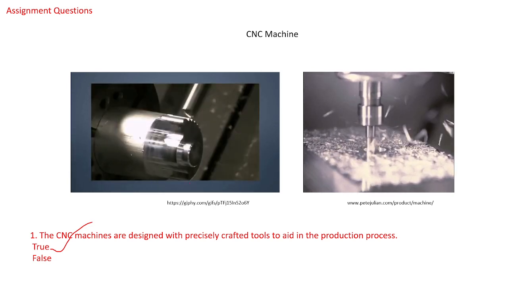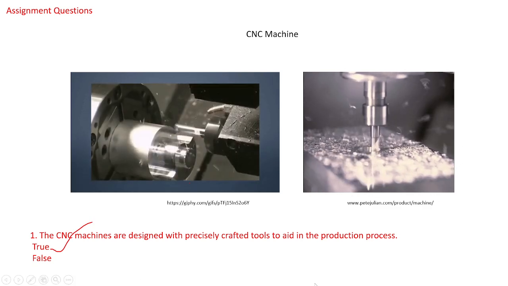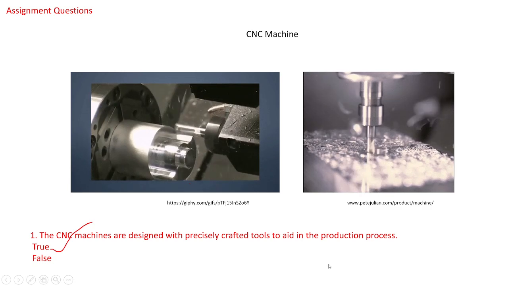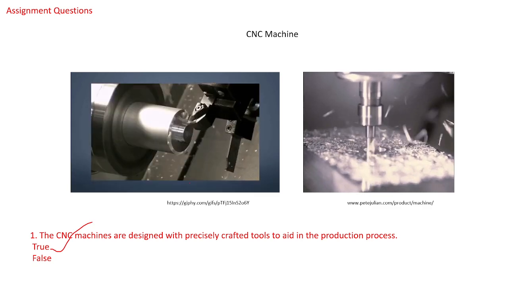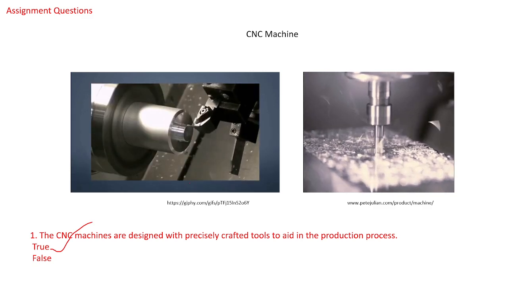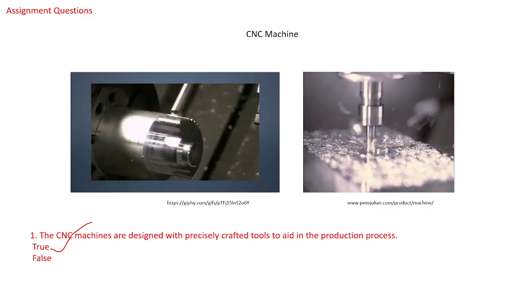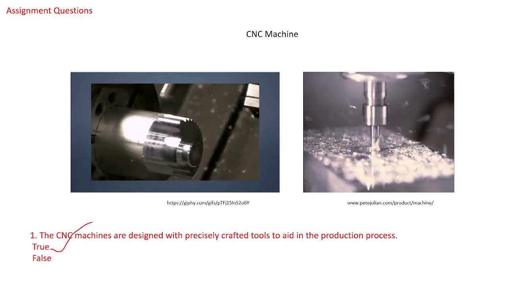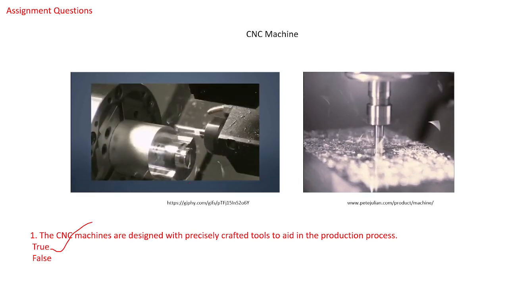Next is the process, which is nothing but the sequence of operations. Once we decide what each operation has to be, we make the program and then it goes to the CNC machine.